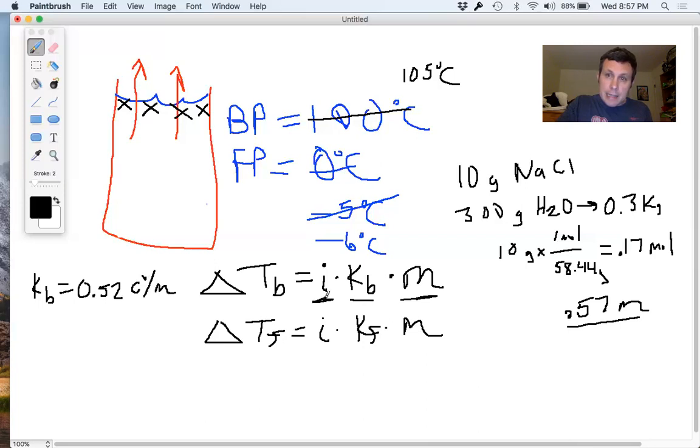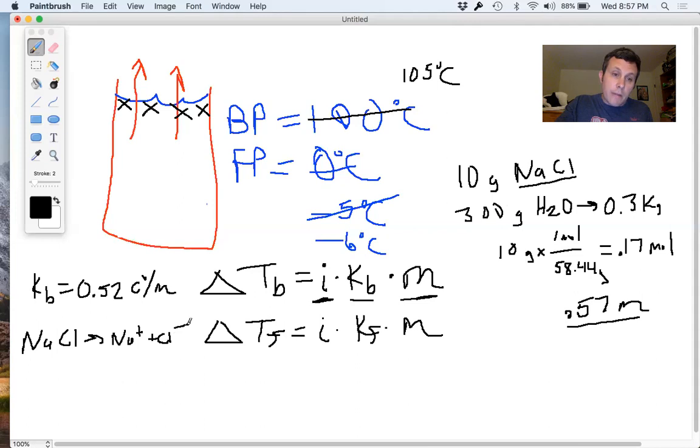And the last thing is this i factor, called the Van 't Hoff factor. This just accounts for the fact that some substances, when they dissolve, break into multiple parts. So for example, NaCl, when it dissolves, doesn't just become one particle. NaCl breaks into Na+ and Cl-.